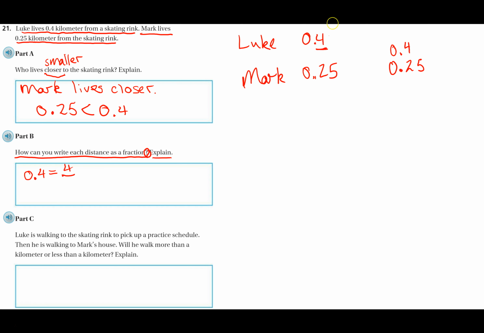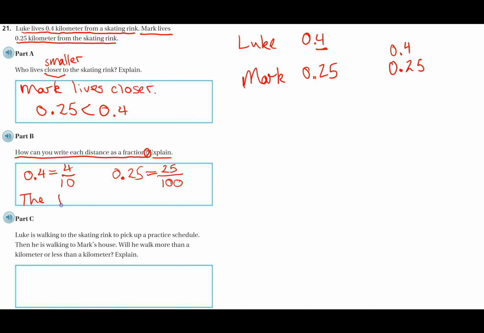So 4 tenths as a fraction. And 0.25, if you say it correctly, would be 25 hundredths. So 25 hundredths.